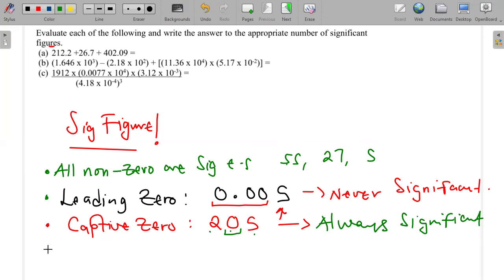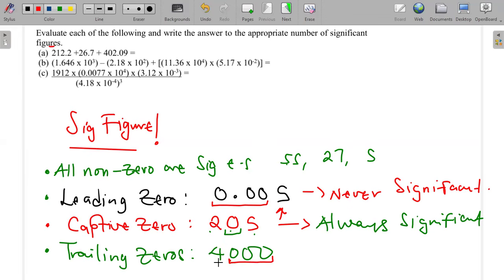Then the other rule is on the trailing zeros. Okay, so the trailing zeros, these are simply zeros that come after a non-zero digit. So if, for example, I wrote 4,000 like this, you've seen these zeros here. They are coming after a non-zero digit.